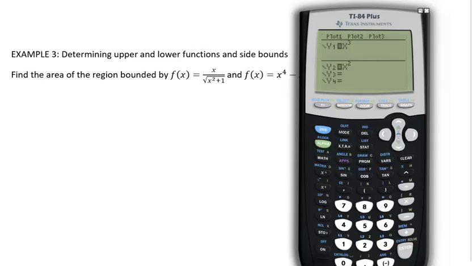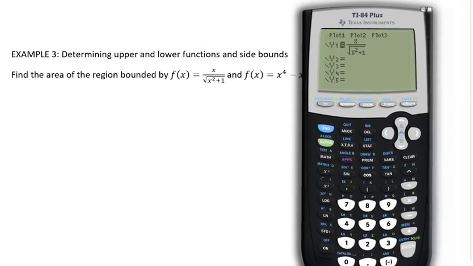It would be x divided by the square root of x squared plus 1 as our first one, and then the second one is x to the 4th minus x. Let's zoom 6 so we get a normal window here and see what that looks like.